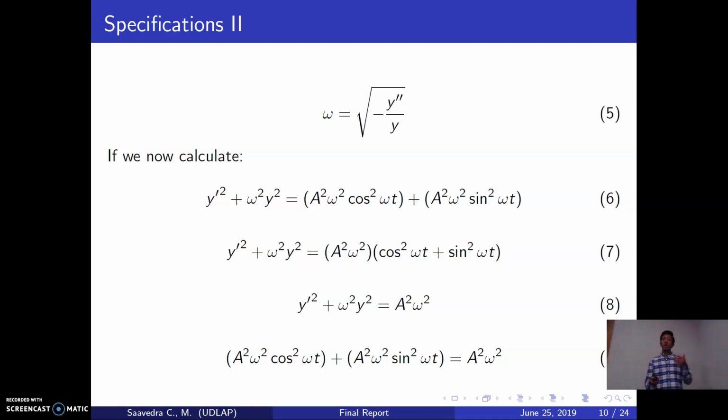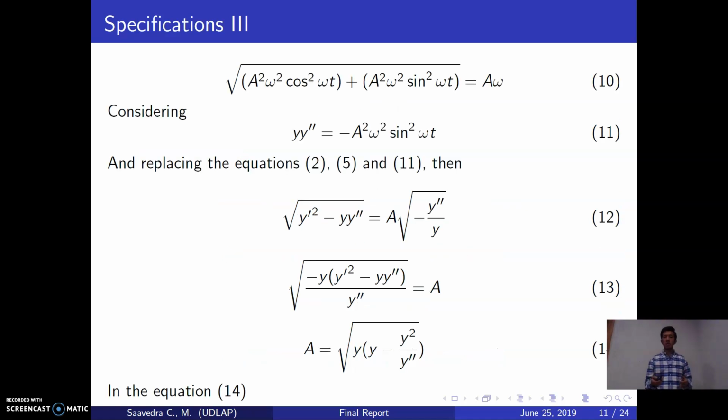Well, now if we calculate this new equation, this one here, after a few mathematical steps, we find that we can also obtain the amplitude.